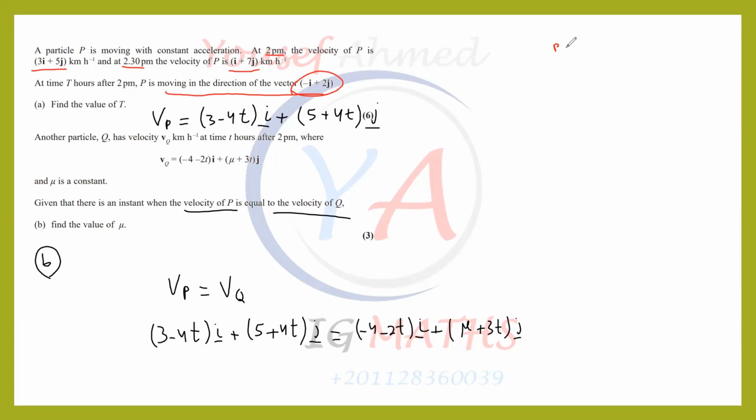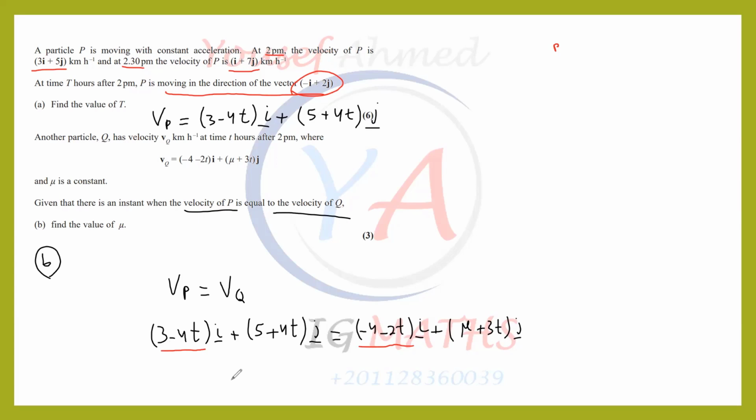So now we will equate. It's better whenever you have more than one unknown, like here you have in the j component 5 plus 4t, and here mu plus 3t. So the time is unknown and mu is unknown as well. So try to work on the i component, equate them together to know the value of the time, and then go replace the time in the equation to get the value of mu.